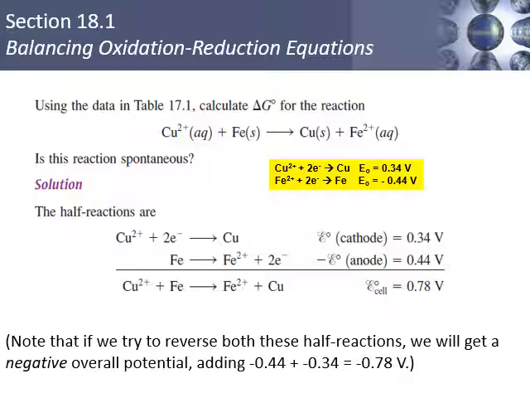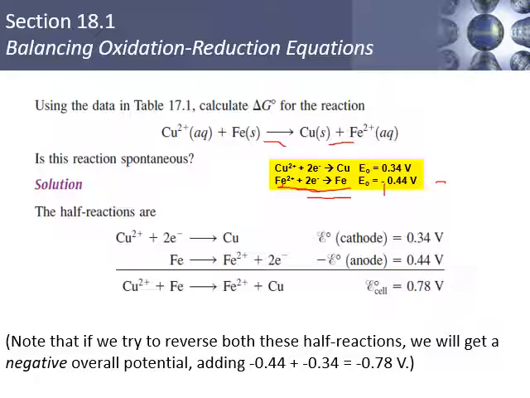The bottom one is written in the reverse direction from the way it's written up here, which means to get it the way it is up here, we have to reverse it and write it as Fe going to Fe2+. So we change this minus to a plus and add it to the one on top: plus 0.44 volts plus 0.34 volts is 0.78 volts, and that's positive, and it is therefore going to be spontaneous.